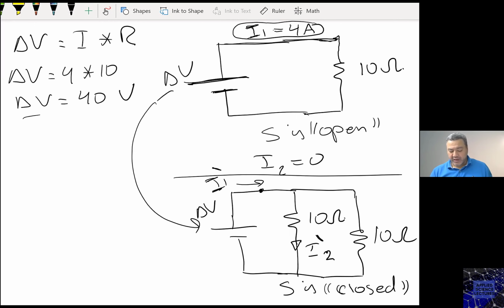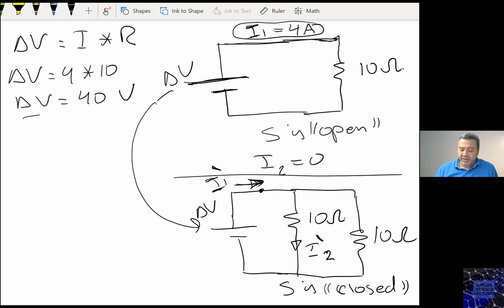Now I need to calculate the current at position 1 and position 2. Remember, we said this is prime, so it is not 4. I here is not 4 anymore. Why? Because now I physically changed something in the circuit. So now the readings will be different.